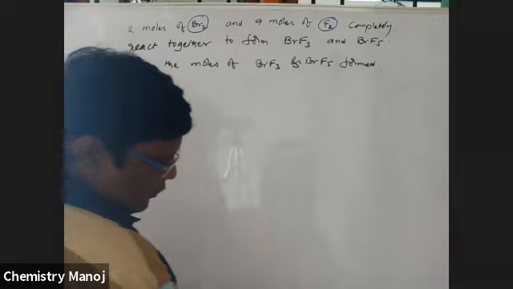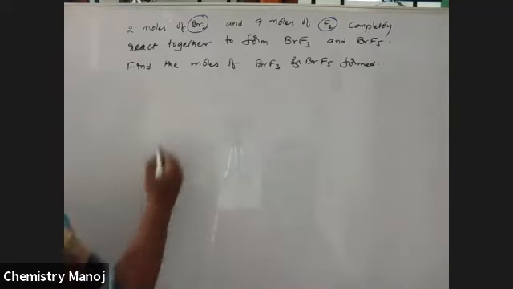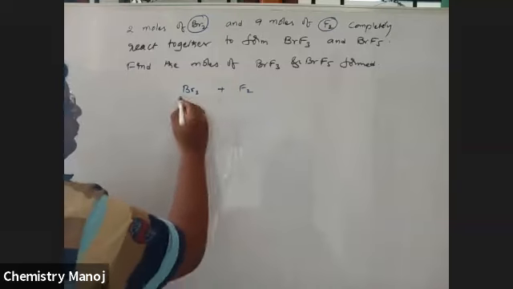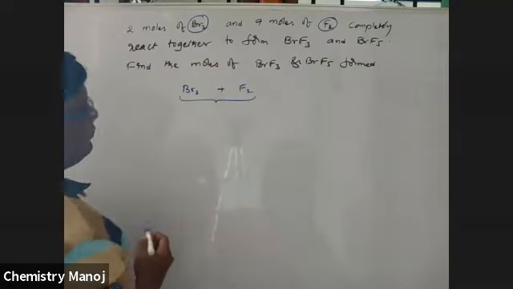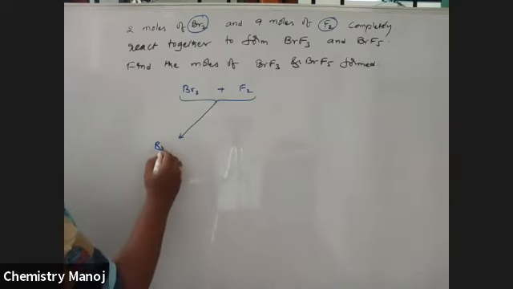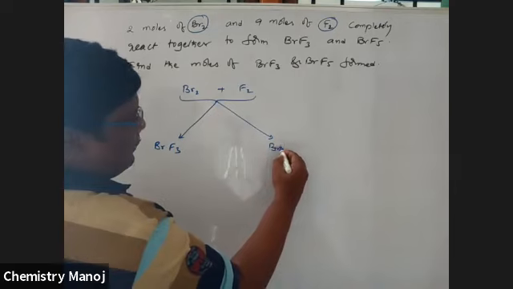See here, Br2 plus F2, these two are taken. The first one gives BrF3 and also gives BrF5.